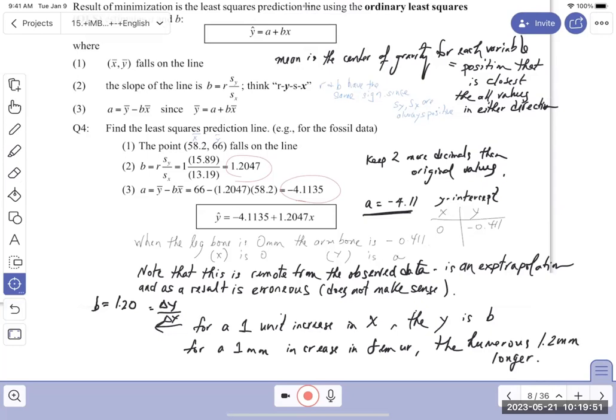Okay, so for 1 unit increase in X, the Y is B. I'm going to say increase by B. Let's say that. So for a 1 millimeter increase in the femur, the humerus is 1.2 millimeters longer. I'm missing all my prepositions. Okay.